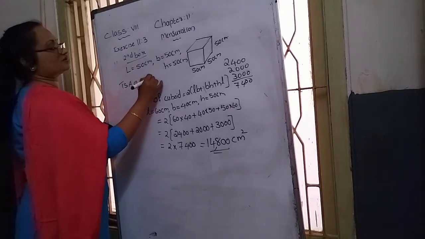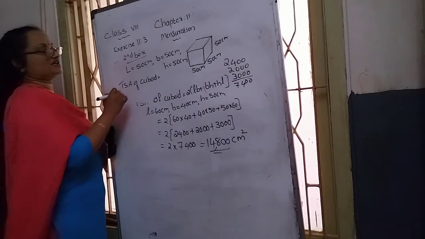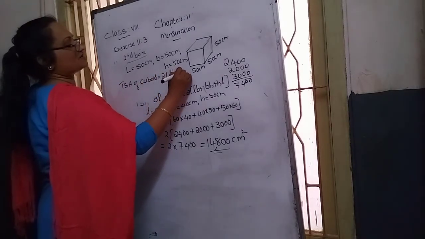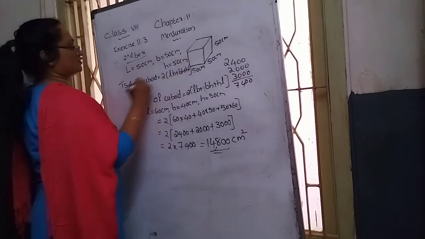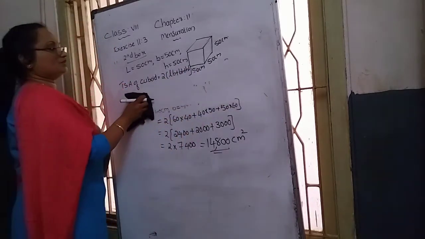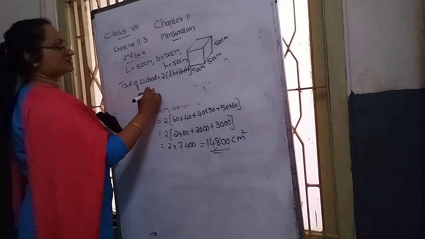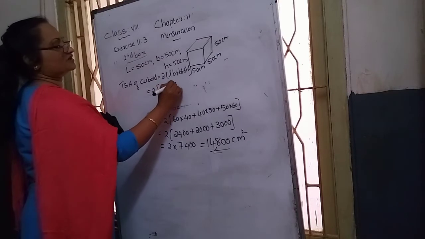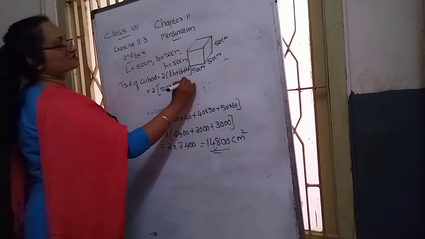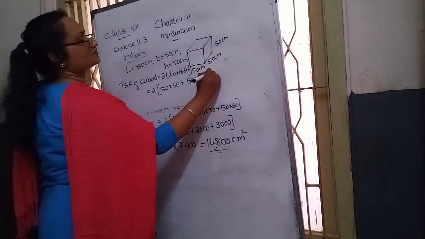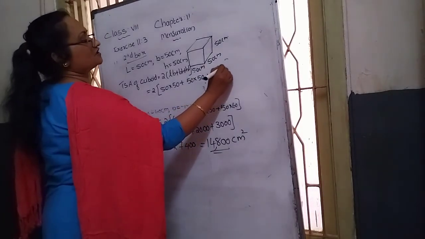The second box is also a cuboid, so we apply 2 into (LB plus BH plus HL). Substituting the values: 2 into (length 50 into breadth 50, plus breadth 50 into height 50, plus height into length, 50 into 50).